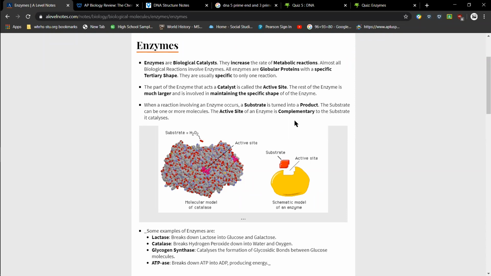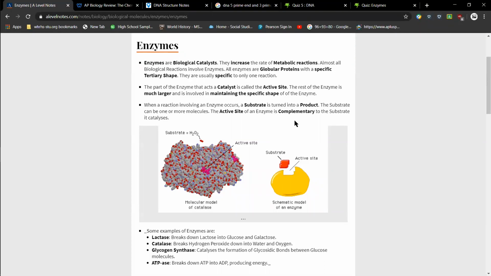Without hexokinase, it would still be pretty fast in your body, but enzymes pretty much double the speed, all the way up to making the speed go 10 times faster. So that's the purpose of enzymes.